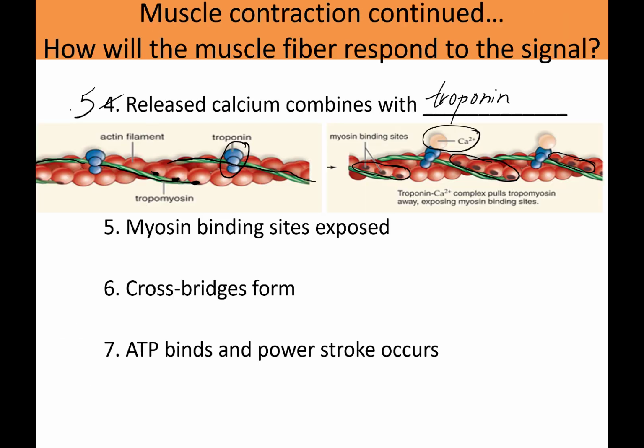This is step 5. Step 6 is where the myosin binding sites are exposed. Okay, and then actually now we're kind of caught up. And when that happens, at the same time, what's called a cross bridge forms, and that's part of the myosin.